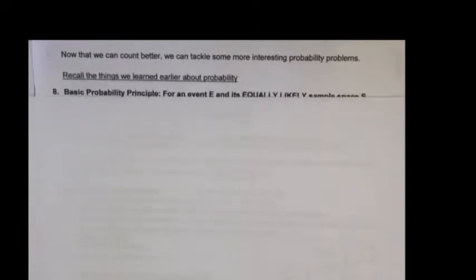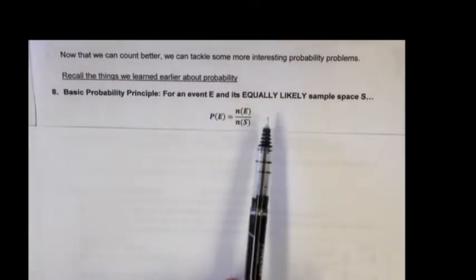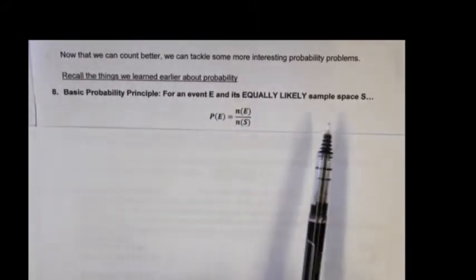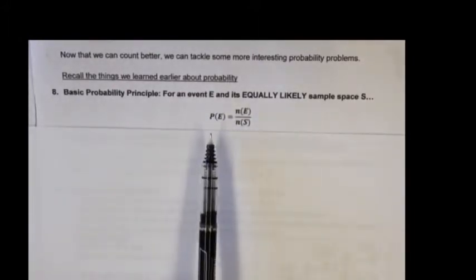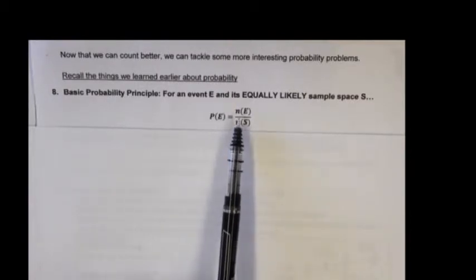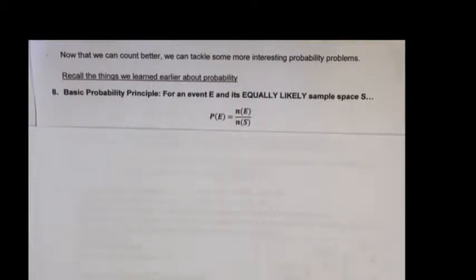So the 8th thing really starts off with recalling something we already know, but just as a reminder, the basic probability principle underlies almost every probability problem that we're going to look at, and it says for an event E in an equally likely sample space, which is important, the probability of E is equal to the number of elements of E divided by the number of elements in the whole sample space.